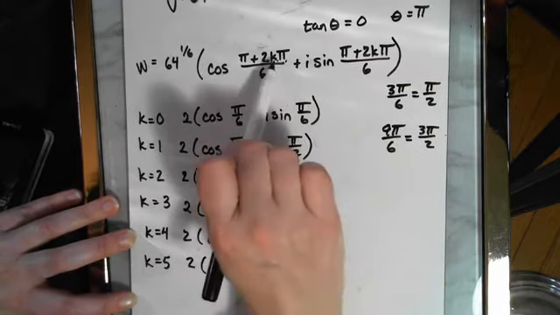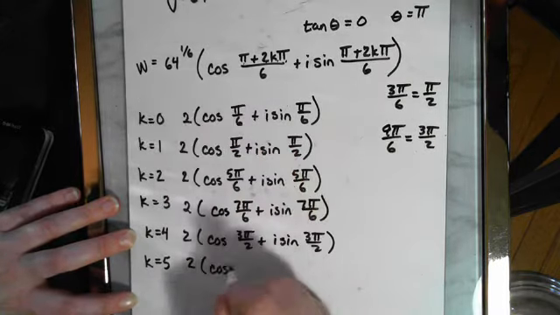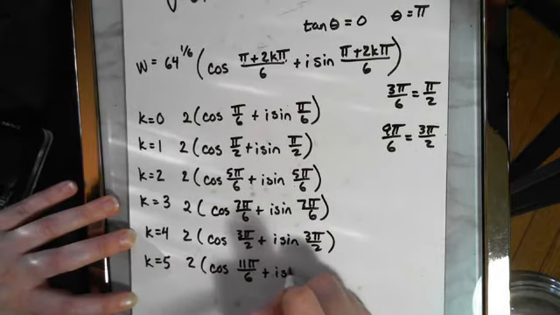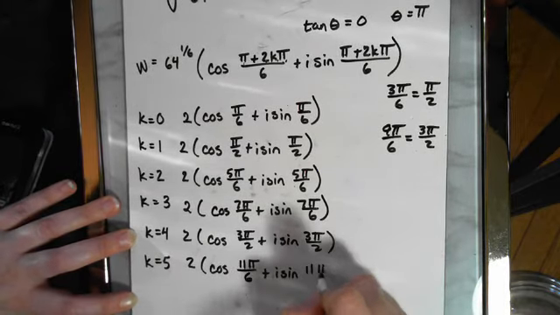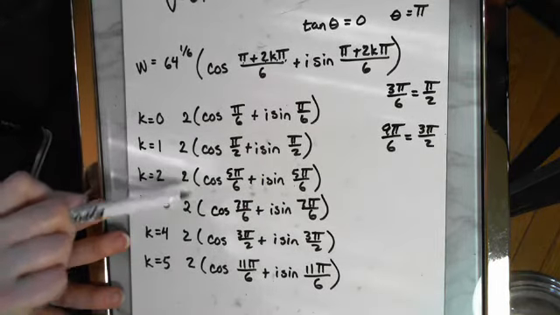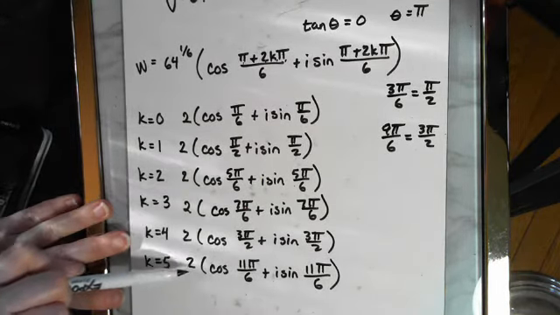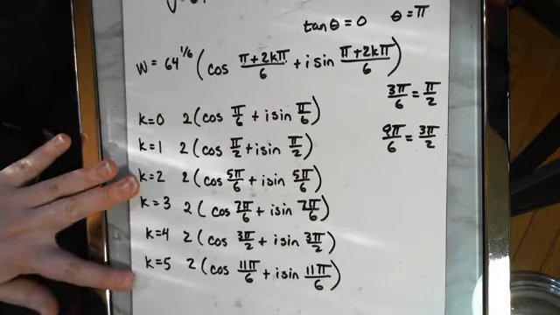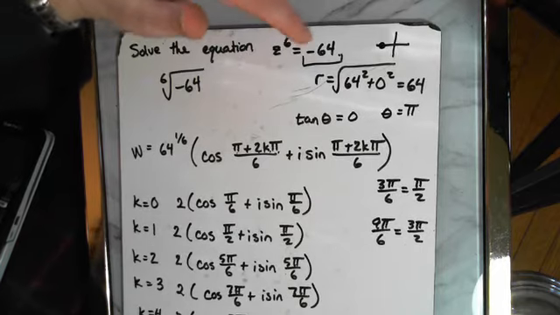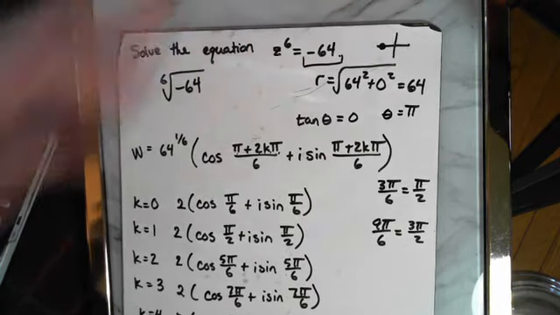Now 5 times 2 is 10, plus 1 is 11, so it's 11 pi over 6, plus i sine 11 pi over 6. Notice I have 1, 2, 3, 4, 5, 6 answers. Those are the 6 answers that would work in this equation. What to the 6th power equals negative 64.